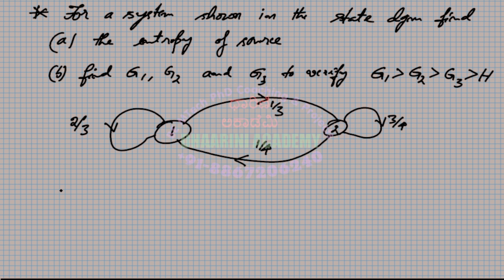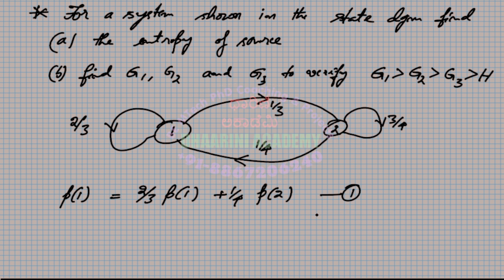All right, so if you remember, we'll first find out the probability of the states. P of 1 will be equal to, in what all ways you can reach 1. From 1, there is a chance that 2 by 3 into P of 1 plus 1 by 4 into P of 2. Okay, so we'll call this equation 1. First objective is to write down the state equations.